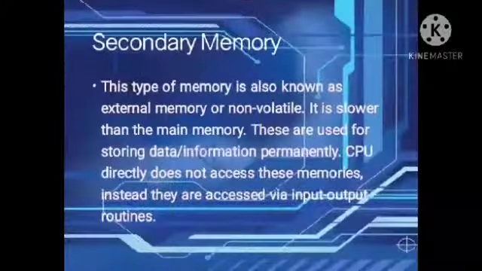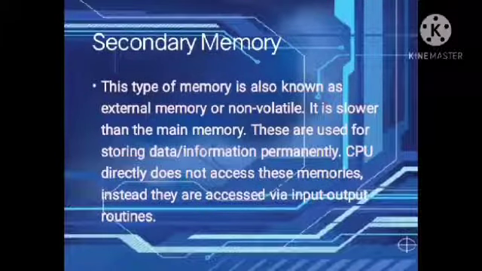This is the last type of memory, secondary memory. This type of memory is also known as external memory or non-volatile. It is slower than the main memory. These are used for storing data or information permanently. The CPU does not directly access this memory.